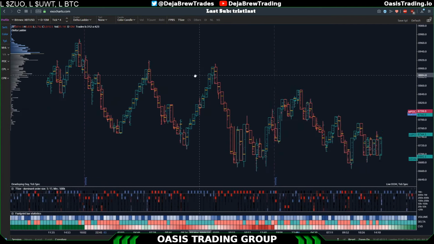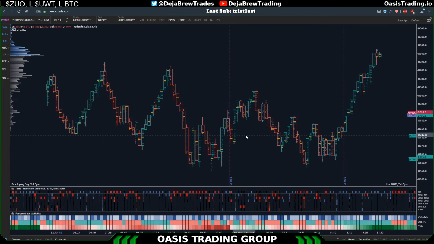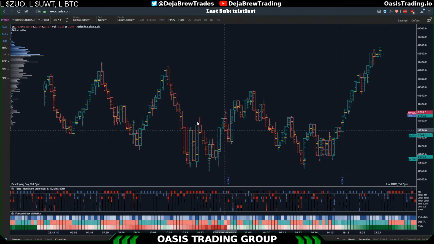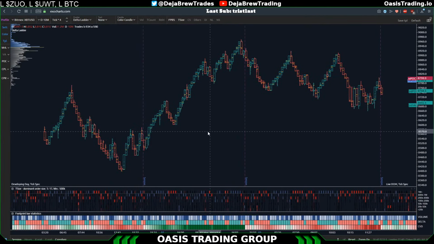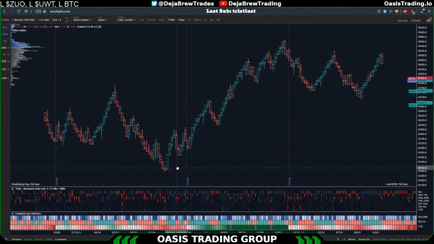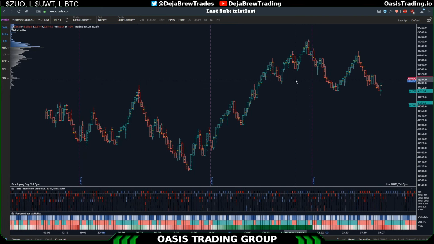You see that? And then it gets dark red again, and then it turns off. This one's not as accurate because this is during the session close, so this is turned off manually. But what I'm telling you is, if you zoom out, you can see where the volume is coming in, where the delta is coming in. You see how it turns very dark green as you're getting very bullish and entering that topping pattern.